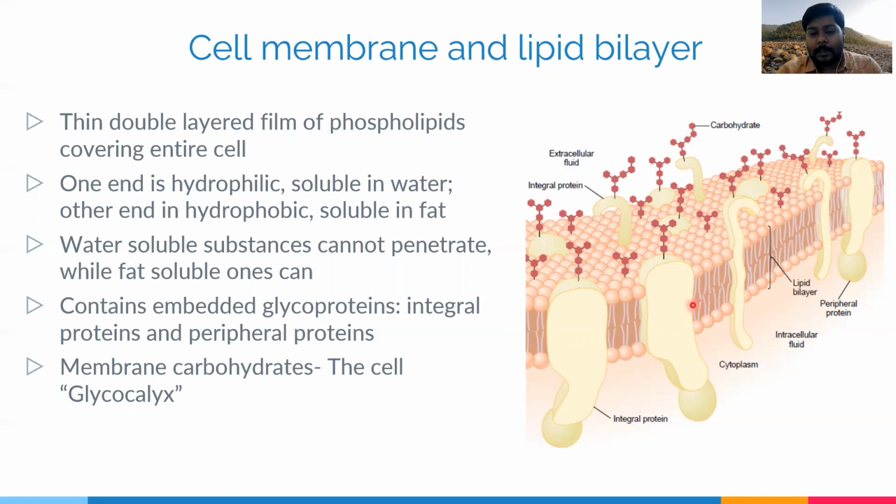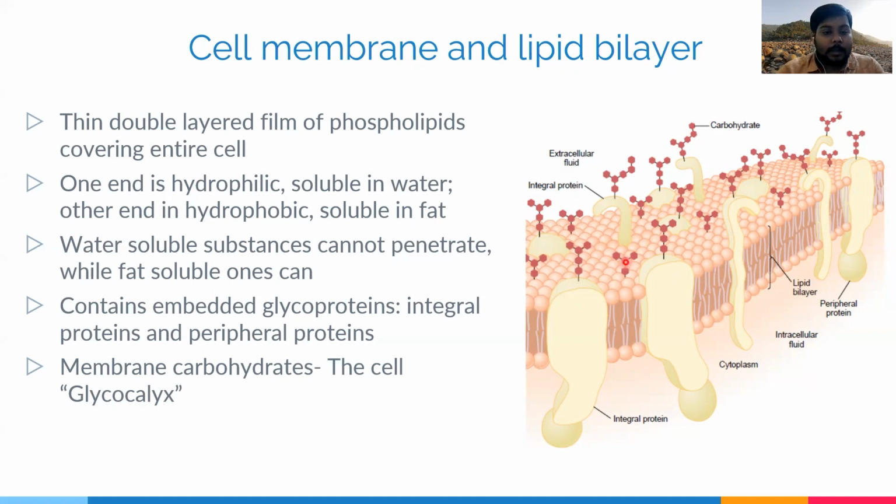We have to understand that the extracellular fluid as well as the intracellular fluid both contain a huge amount of water. So the phosphate groups are happy being present on both ends of the cell membrane, whereas the fat soluble hydrophobic interior is made up of the hydrocarbon backbone.